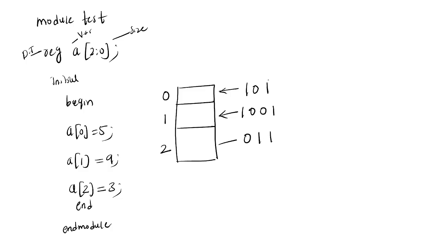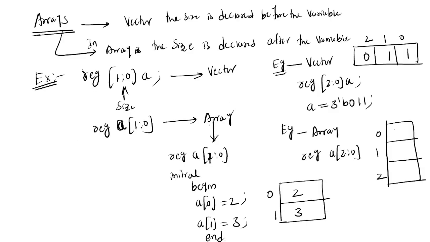Whatever the LSB bit is, that will be stored into A. Here 1 will be stored, here also 1 will be stored, and here also 1 will be stored. It will be stored in terms of binary only. Binary of this is how many bits? 2 bits, no? This is 10 and this is 11.